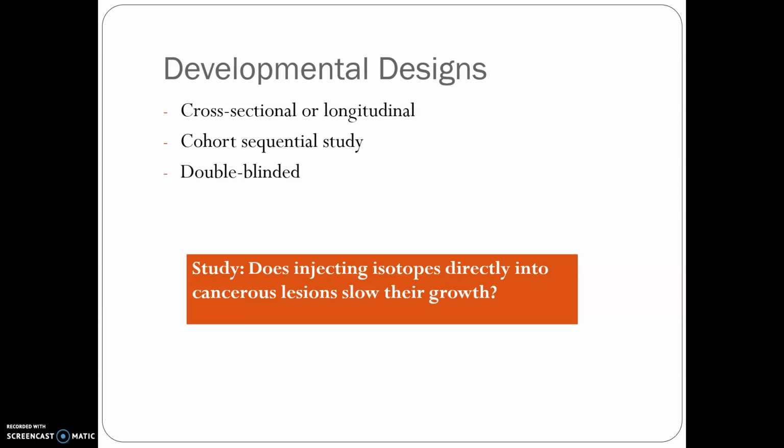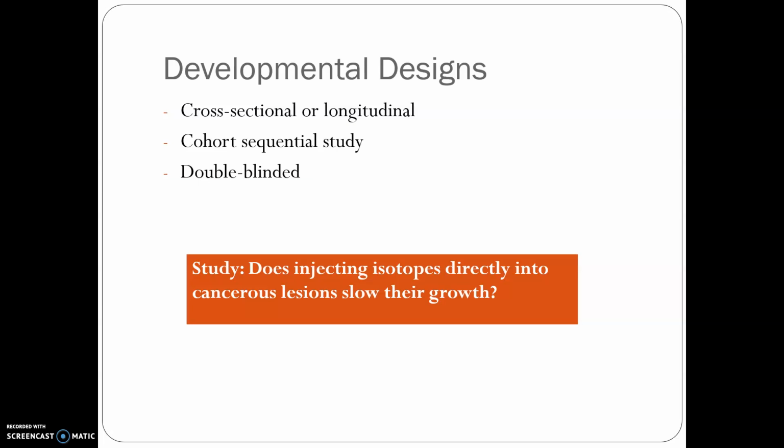No one involved knows who is getting what, and the results are collected, and then it is determined or acknowledged who had the placebo and who had the vitamins. But the researchers conducting the study throughout the process did not know themselves until after the fact. All right, so double-blinded, everyone's blind.